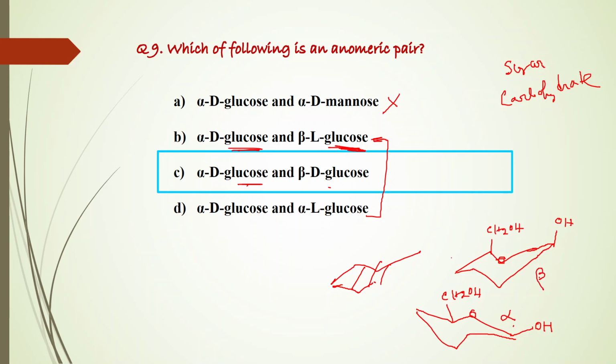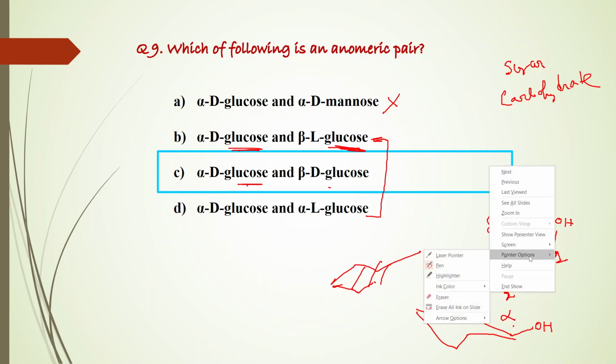So when do you call something an alpha form and when do you call something a beta form? Whenever this one is your 6th carbon atom, this is 5, 4, 3, 2, 1. One second, let me change the color, it will be easier for you to see.